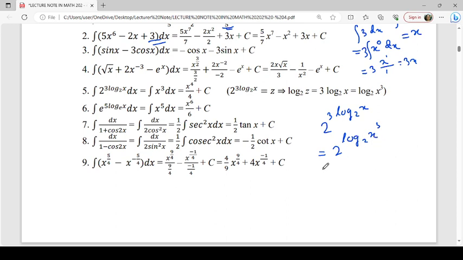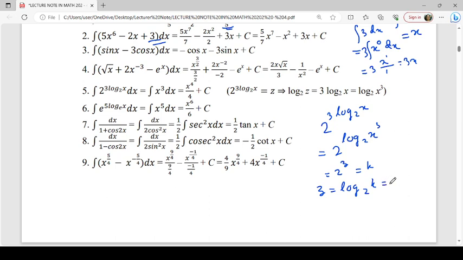If this is equal to z, then 2 to the power z is equal to some constant k. And this means z is equal to log of k to the base 2. So this z is equal to log of x cube to the base 2.